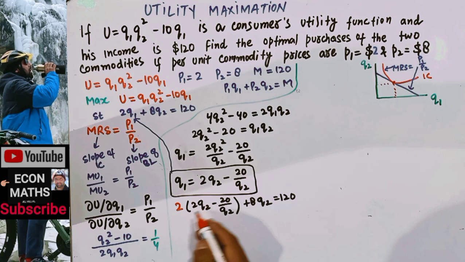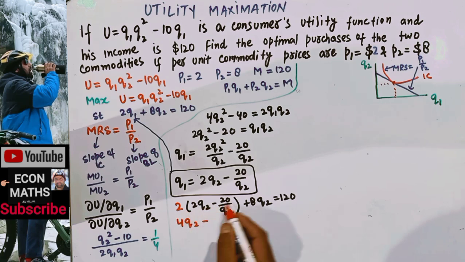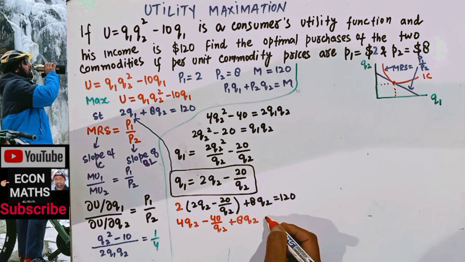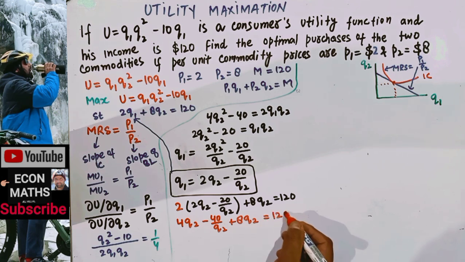So this becomes 2 2s are 4, 4 q2 minus 4 20s are 40 upon q2, plus 8 q2 is equal to 120.